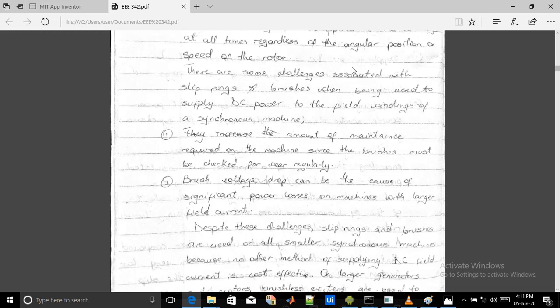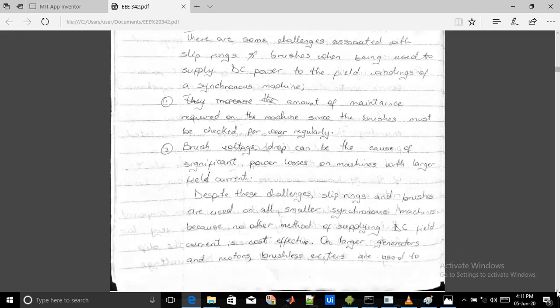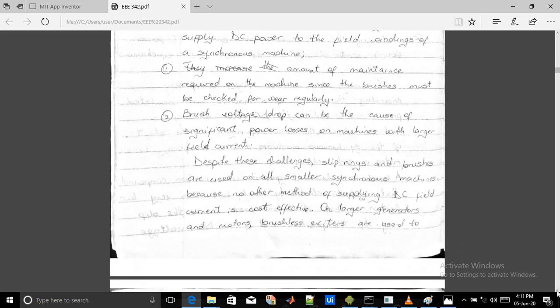Your graphite is one of the constituents of your pencil. So now imagine how soft the material in your pencil is. So that is how soft the graphite can be. So now imagine you rubbing it on a metallic surface. So now a lot of maintenance is required.